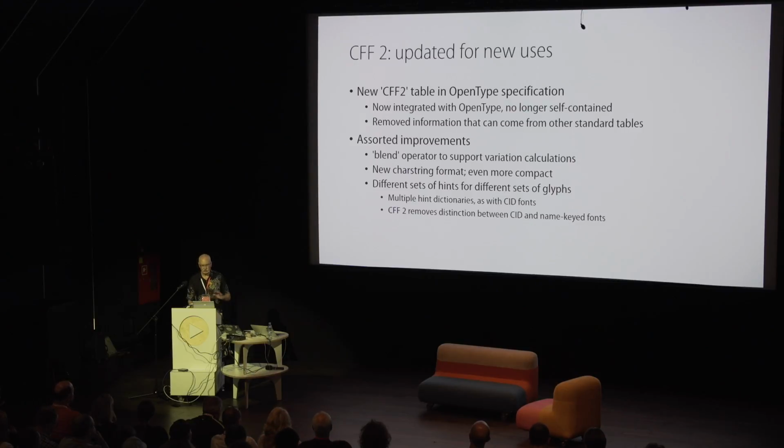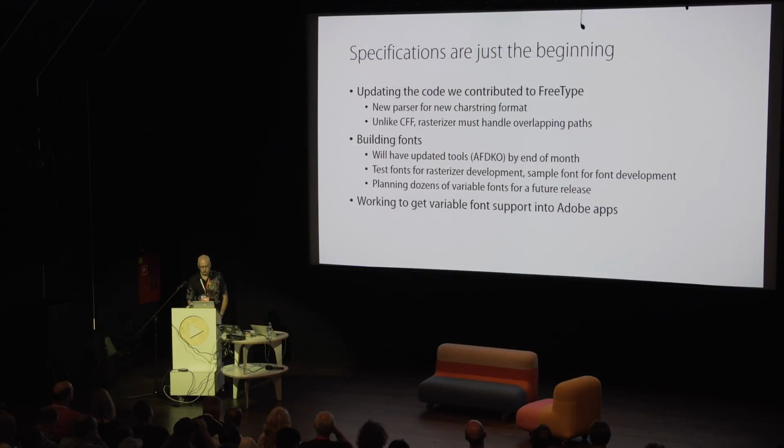Whereas normal Type 1 and CFF name-keyed fonts have one font-wide set of hints. There are now multiple hint dictionaries in CFF2, as there were in CID, and we're effectively deprecating CID and removing the distinction between CID and name-keyed fonts.